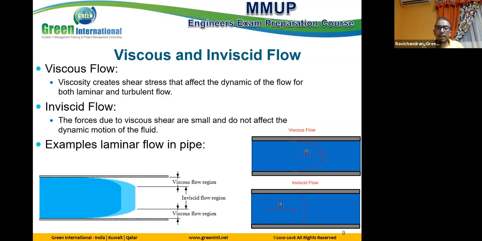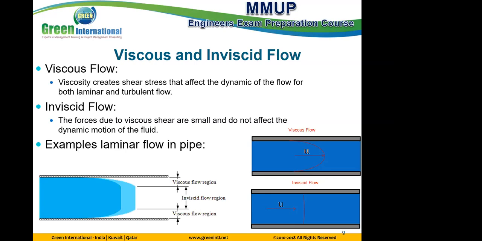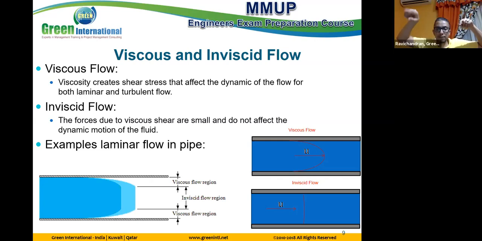For example, as you see here for the first one, this pipe, the velocity is zero at the surface of the pipe itself and maximum at the center. Why? Because this is highly viscous flow. So viscous flow means the effect of viscosity is dominant for the flow.